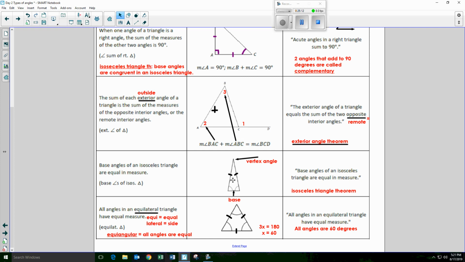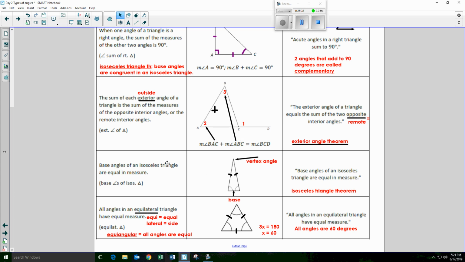Okay, next one. Base angles of an isosceles triangle are equal in measure. We already talked about that up here, and now we officially see it right here. You have to know where the base angles are. Remember, the vertex is where the two congruent sides come together. The base is opposite that vertex angle. There's the base, so there are the base angles.